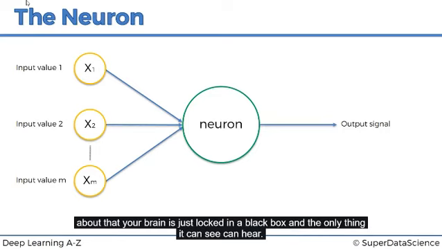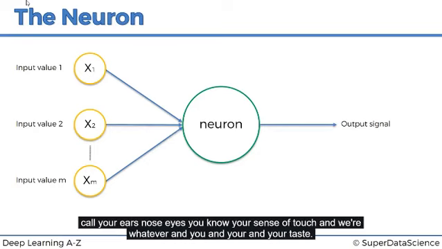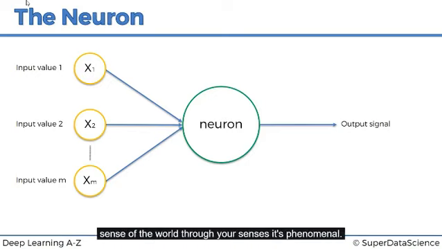It can't see, it can't hear. The only thing it's getting is electrical impulses coming from these organs that you have, which are called your ears, nose, eyes, your sense of touch, and your taste, right? So it's just getting signals, but it basically lives in this dark black box, and it's making sense of the world through your senses. It's phenomenal.